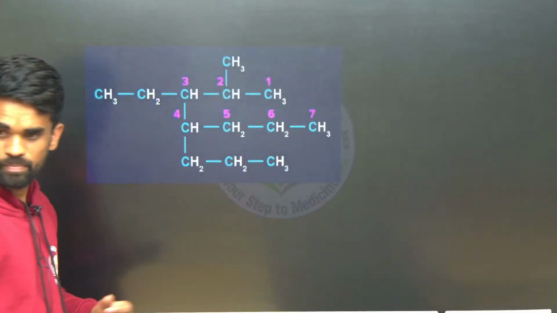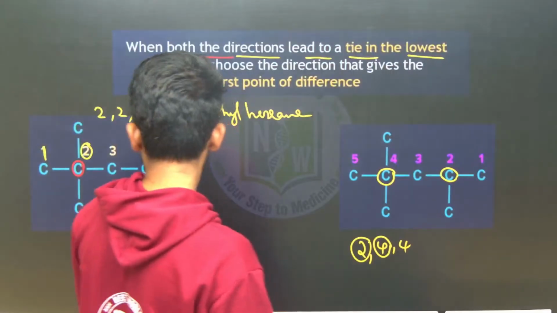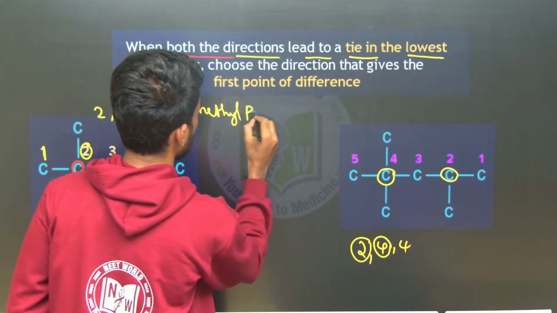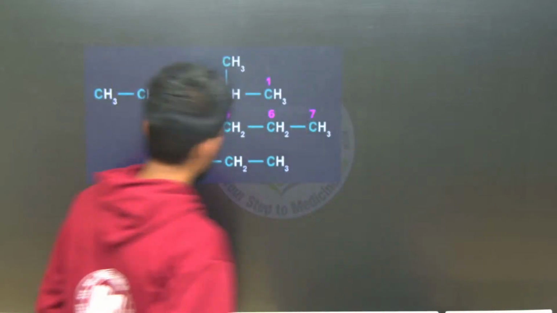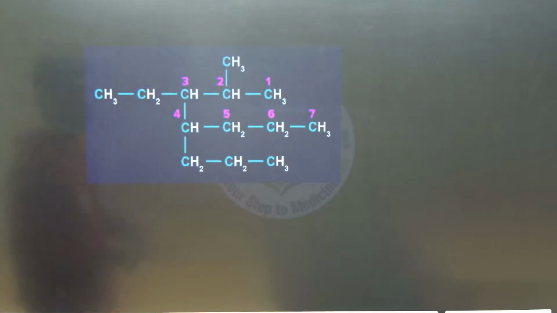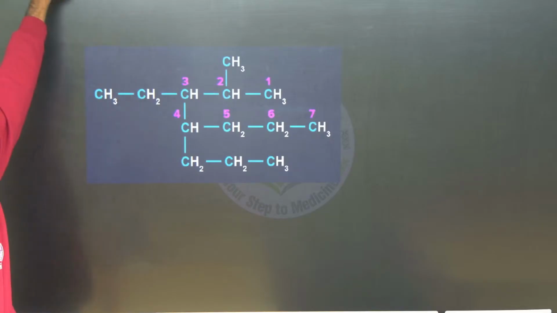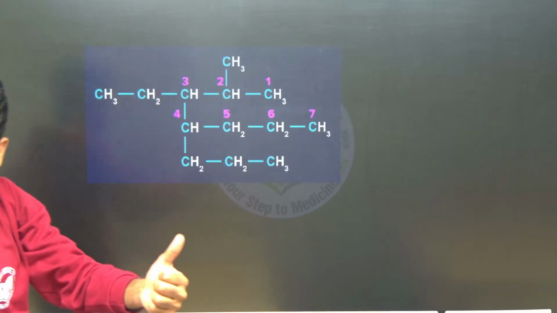What about this? 5 carbons are there, pentane. Next, this one. Tell me the name of this compound. Is that numbering correct for identifying the parent chain? Yes, because the first rule is to choose the parent chain which is longest.